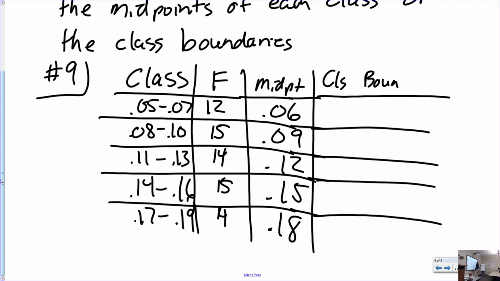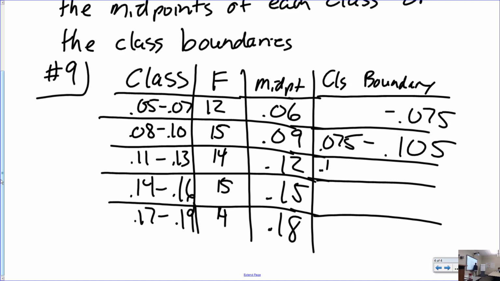So what are my class boundaries for these? 0.075, 0.075. 0.105, 0.105.